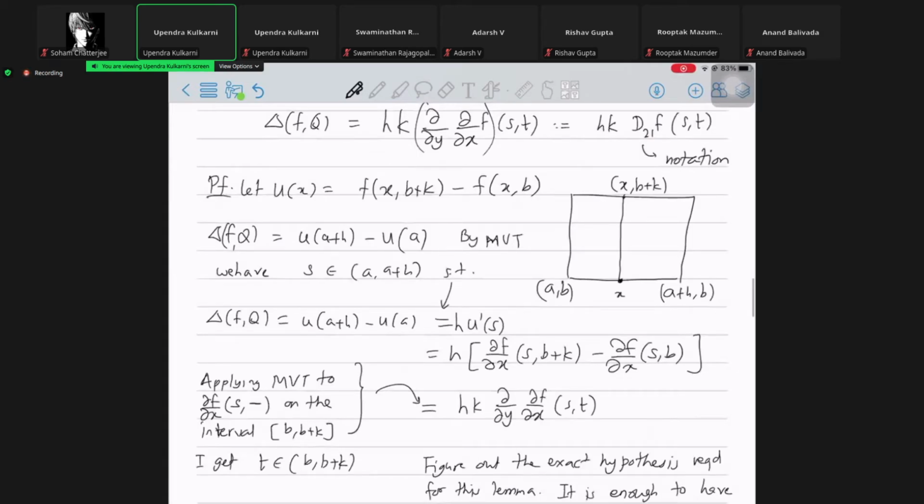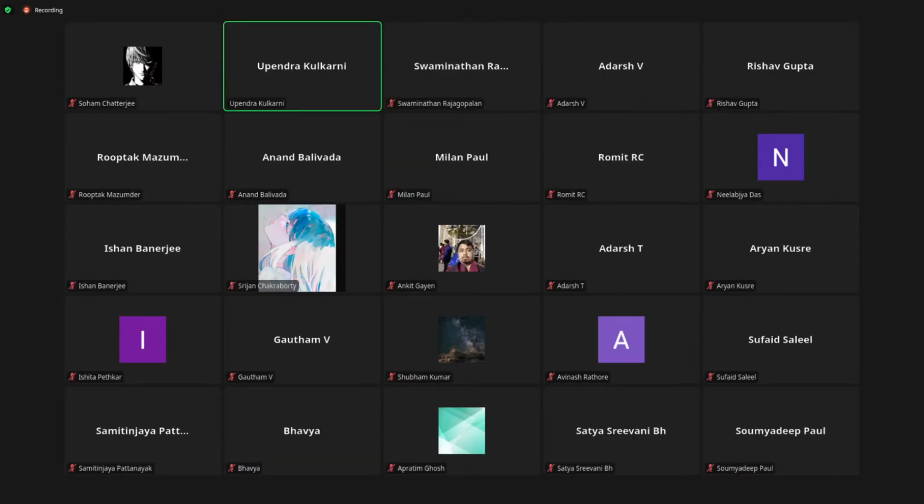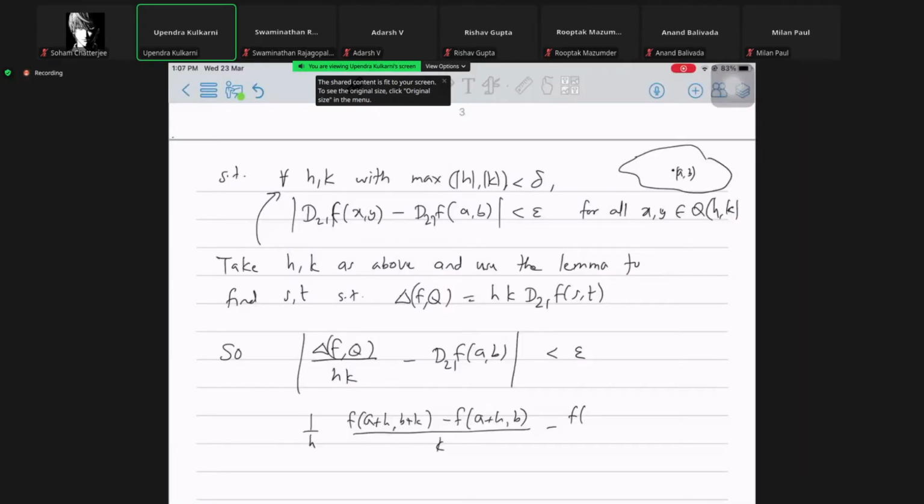So what does this give? This is 1 by H times the quantity f(A plus H, B plus K) minus f(A plus H, B), divided by K, minus f(A, B plus K) minus f(A, B), divided by K. So A plus H I have kept fixed and taken B plus K and B in the second slot.